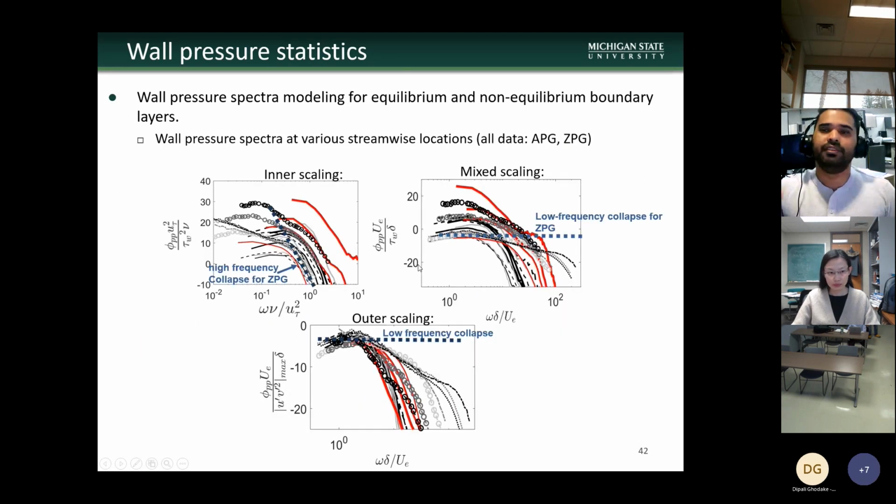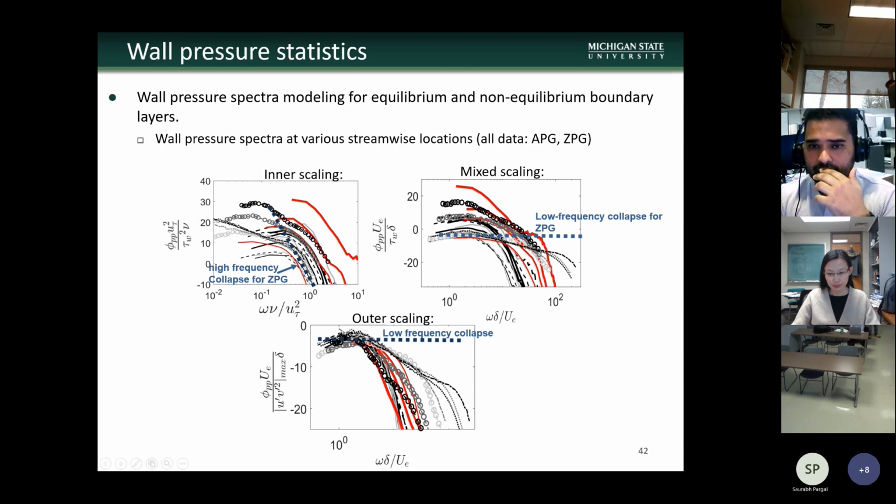Next, we calculate the power spectral density of these wall pressure fluctuations at different streamwise locations, for all the DNS and experimental data sets we have for the attached boundary layer cases, and scale it with different scalings: inner scaling, which involves friction velocity and viscous length scale, mixed scaling, which uses wall shear stress and delta, and then outer scaling.